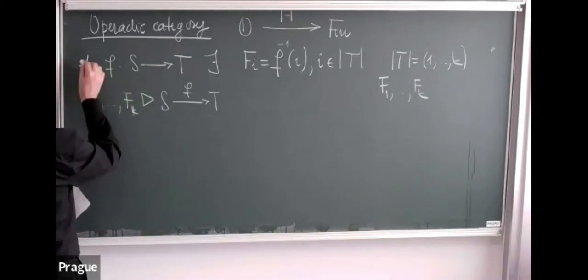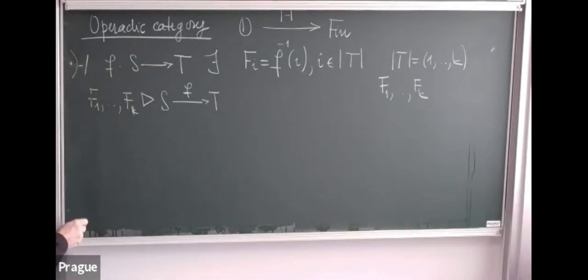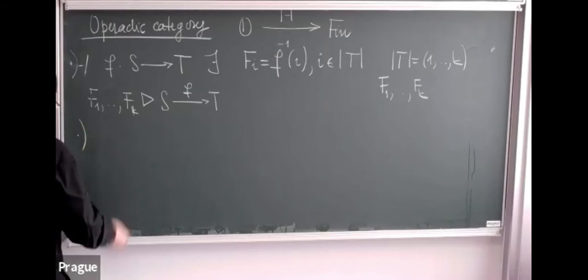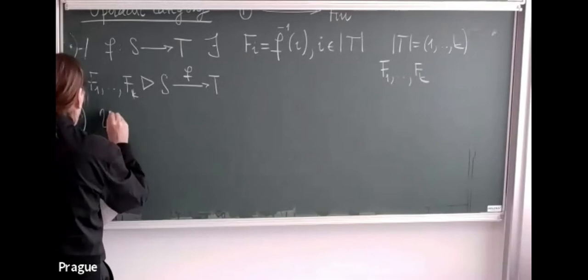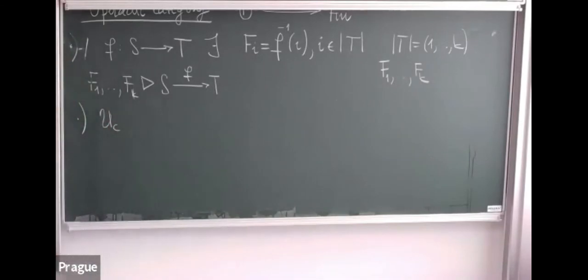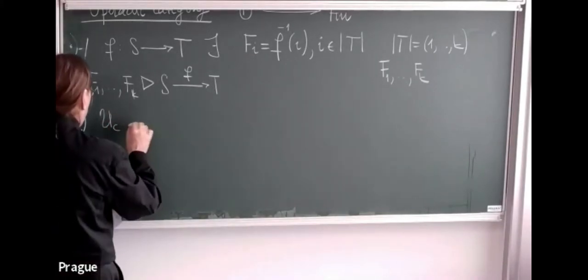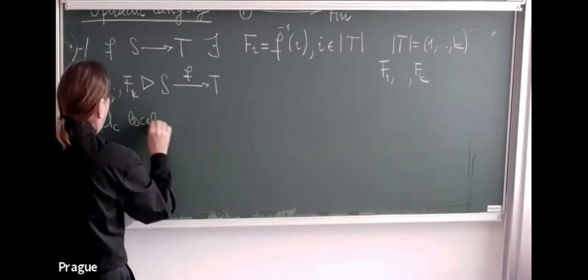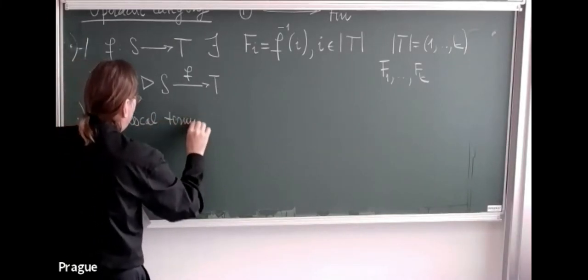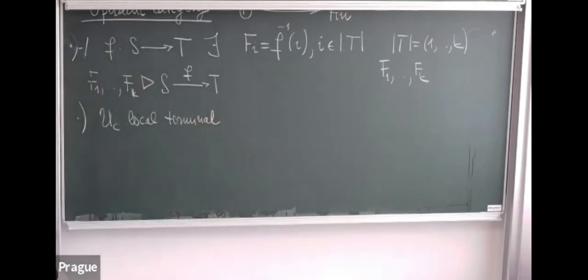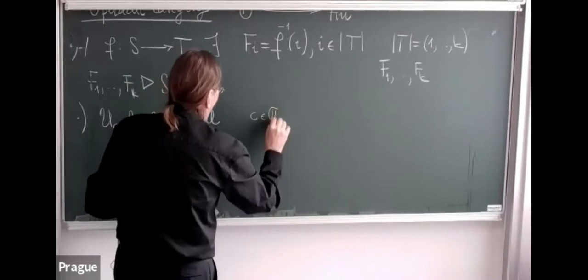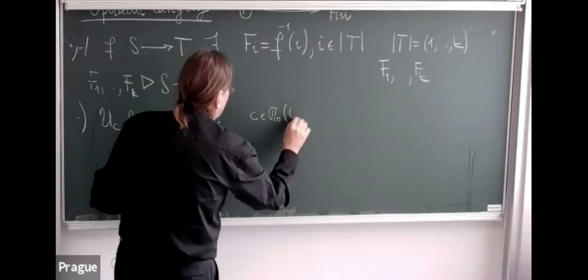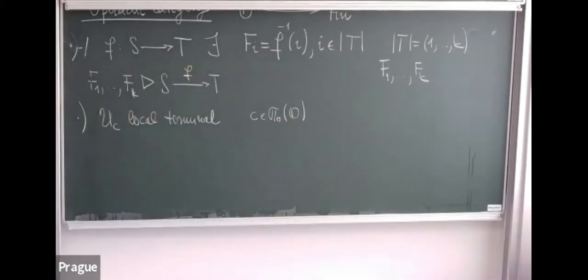So this is the first piece of data, and the second piece of data is a choice of local terminal object. So in each component C of O, I choose a local terminal object.